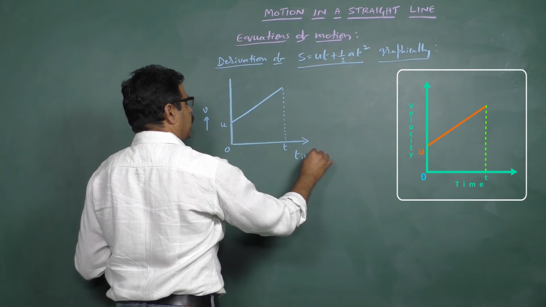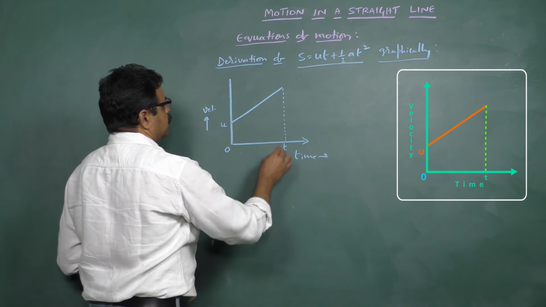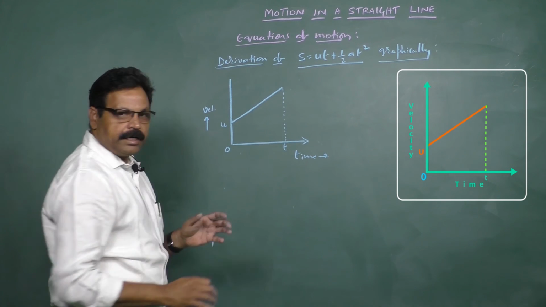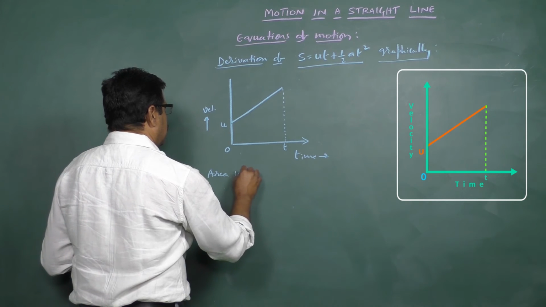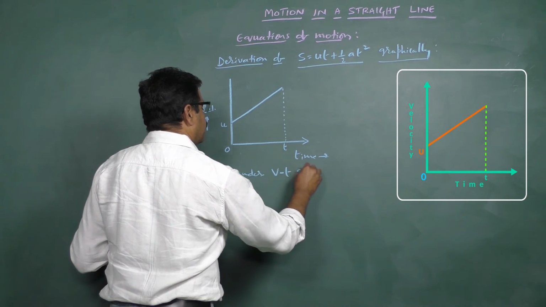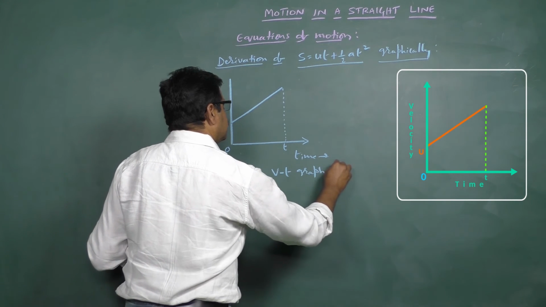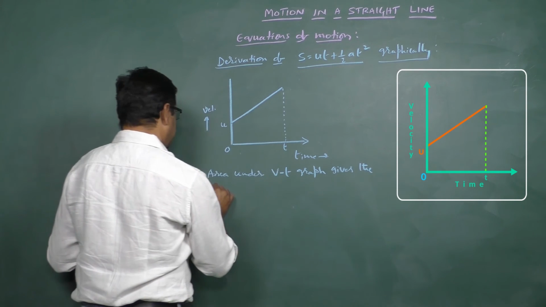This is the time axis and this is the velocity axis. Here the area under the VT graph, V versus T graph, gives the displacement.